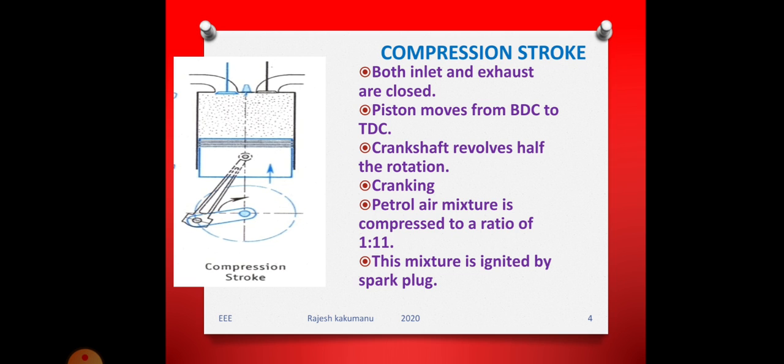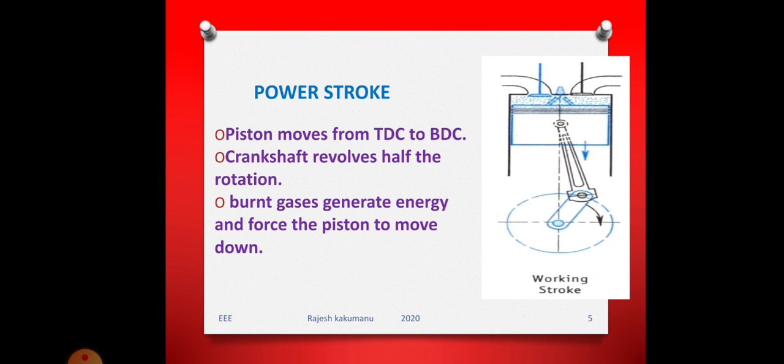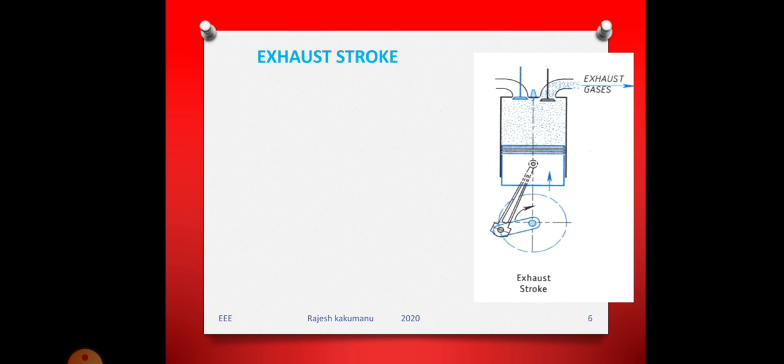Fourth one is an exhaust stroke. So see the figure. Here the inlet valve is completely closed, whereas the exhaust valve is slowly opening. The opening means it is slowly going down, thereby the balanced burned gases are escaping out through the exhaust.